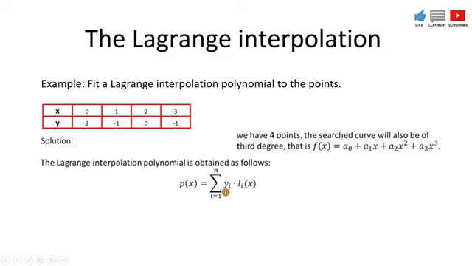Li of x is the Lagrange function. Li of x is equal to the product over j from 1 to n of x minus x sub j divided by x sub i minus x sub j, where j is not equal to i.